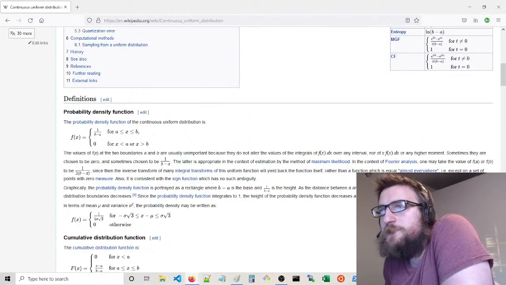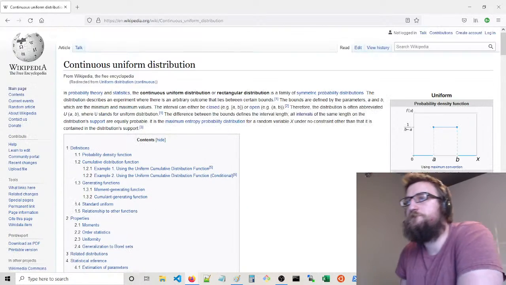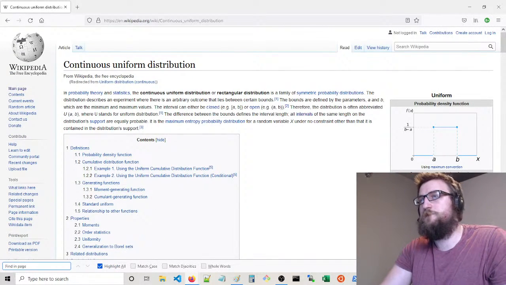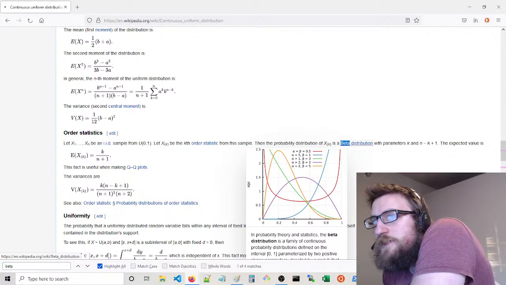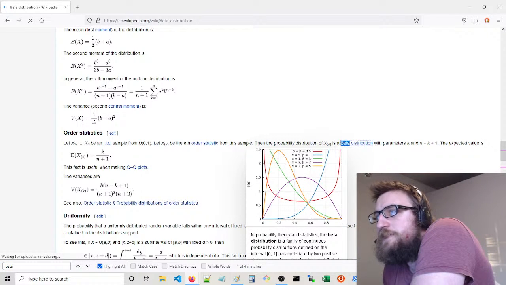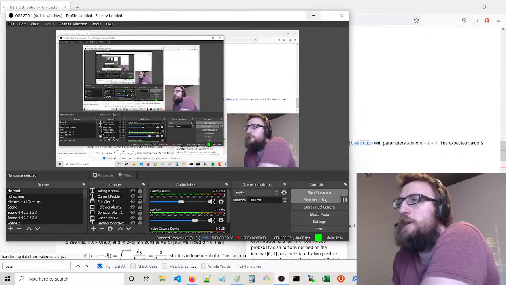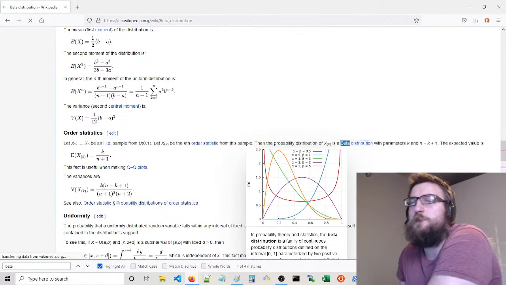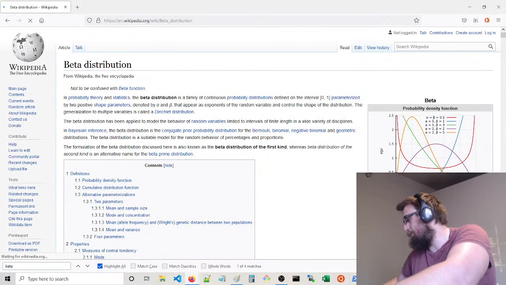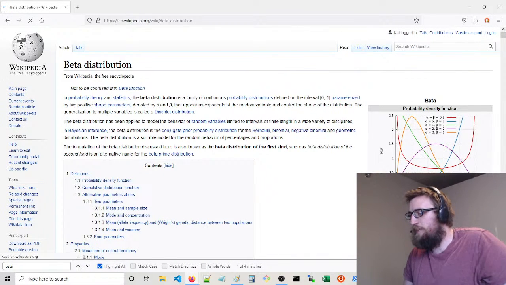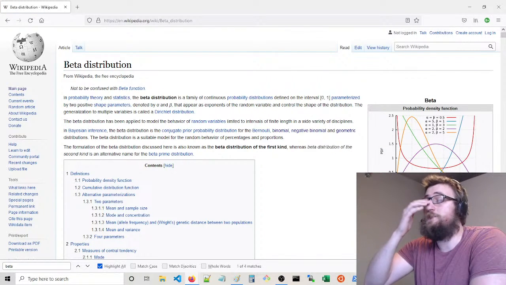I want to show you something. It's the beta distribution, yeah. This is kind of neat. This is actually what I wanted to show, but I was having such a hard time trying to figure out the maths. That's actually really simple, but distributions are kind of special, I guess. So that's why it's not the most intuitive.